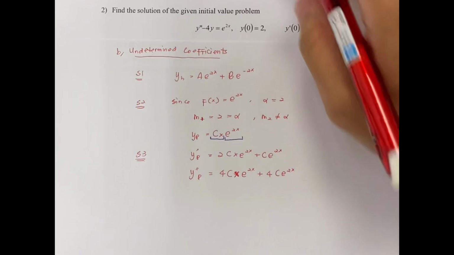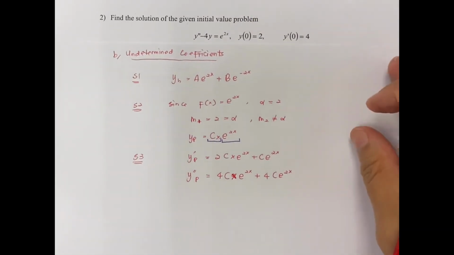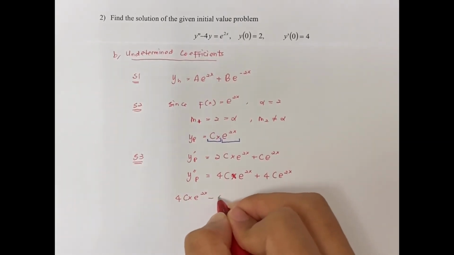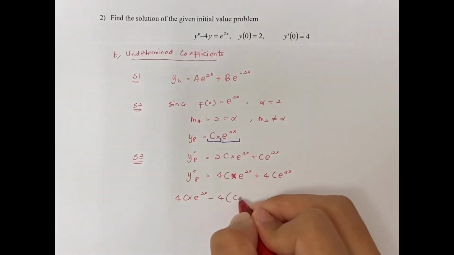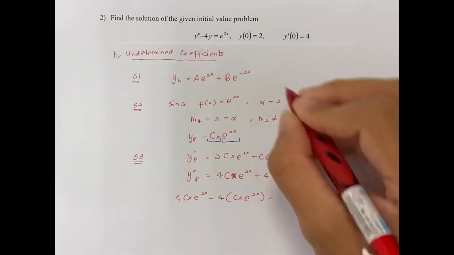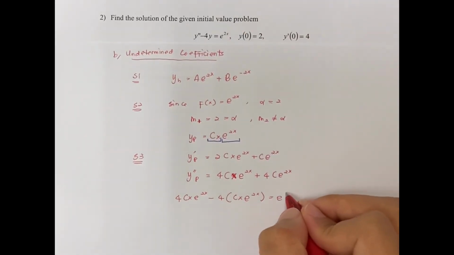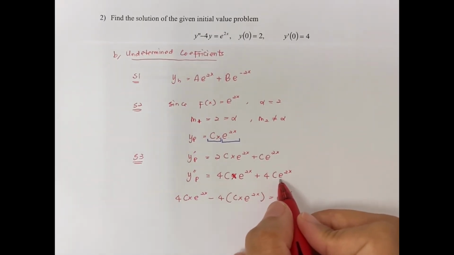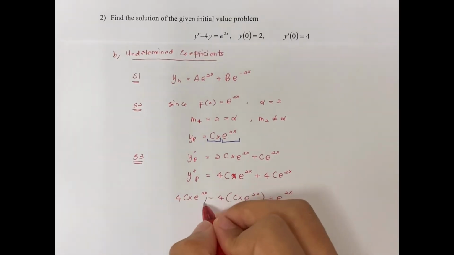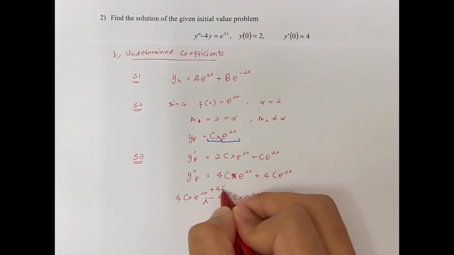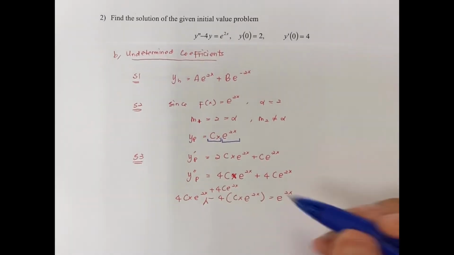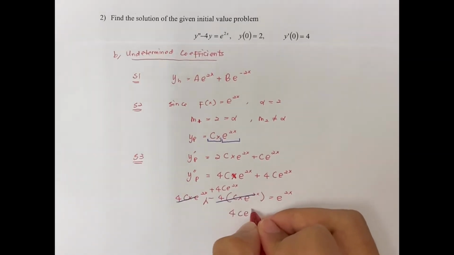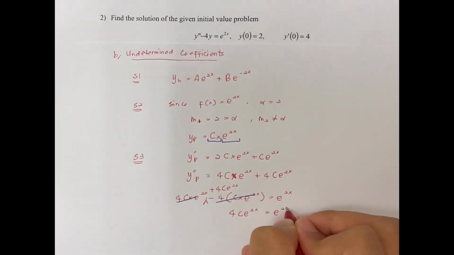So you have 4C x e^(2x) minus 4 multiplied by C x e^(2x) equal to e^(2x). Oh, I missed this 4, plus C e^(2x) plus 4C e^(2x). So you can cancel this with this one. You have 4C e^(2x) equal to e^(2x).